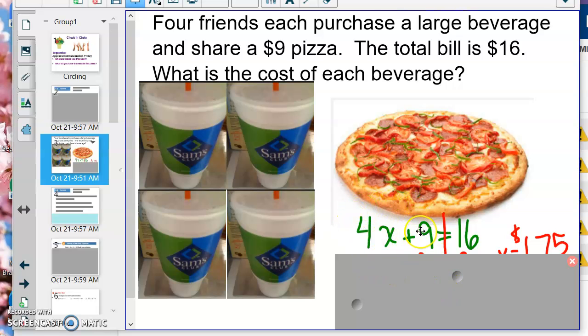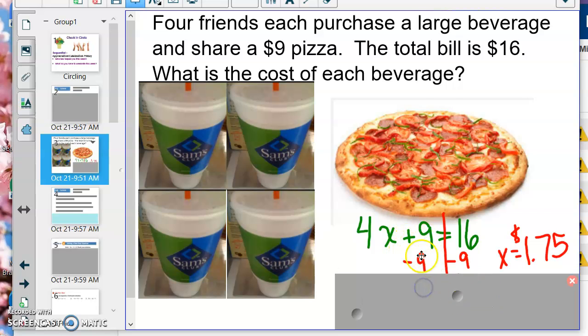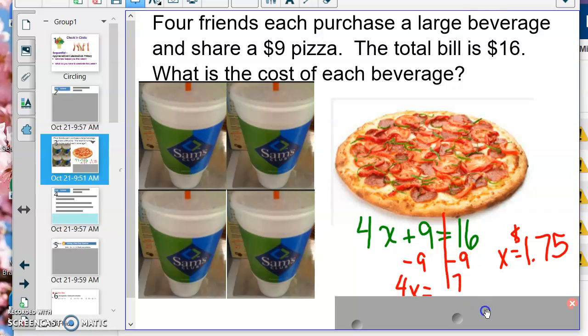Well, if I go to the side with a letter on it, I don't have to do step 1 because there's no distributive property, and like terms are already put together. So then I undo addition or subtraction. I'm adding 9, so I would subtract 9 from both sides. That leaves me with 4 times x equals 7.